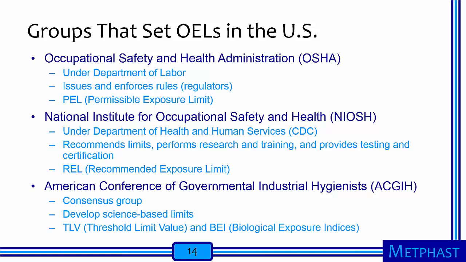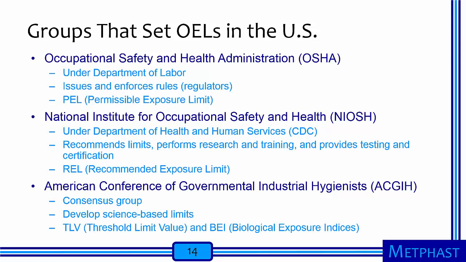The American Conference of Governmental Industrial Hygienists is a consensus group that provides technical guidance and science-based or health-based occupational exposure limits. They provide threshold limit values, called TLVs, and biological exposure indices, BEIs.